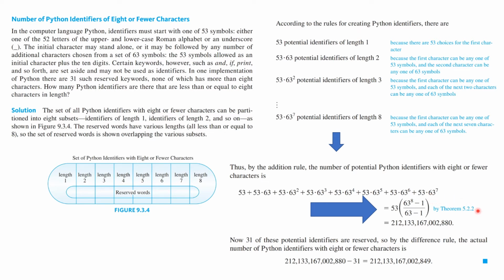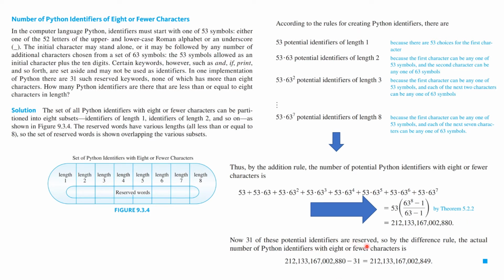Now, we proved a theorem in an earlier chapter, because that is a geometric series. Previously, we proved that by induction. Now, what we're doing is applying that theorem, and so that means it's 53 times (63 to the 8th minus 1) over (63 minus 1), and that gives us this number, a very large number.